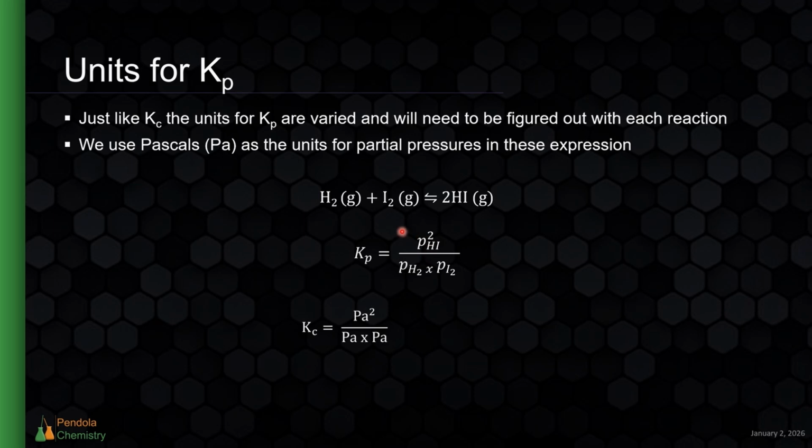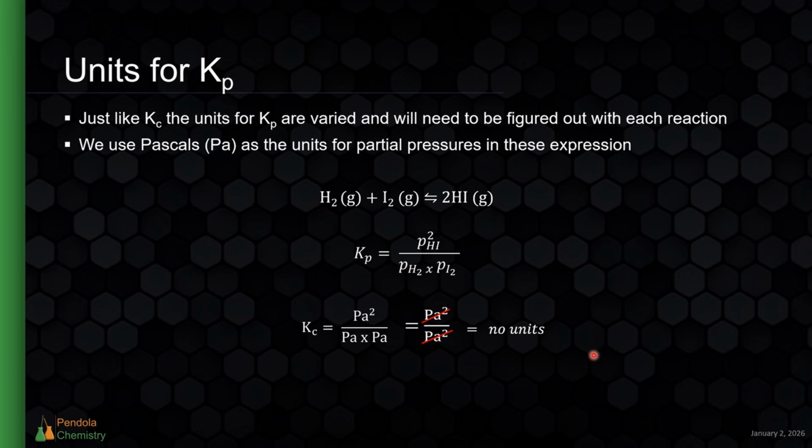We're using partial pressures. So with partial pressures, instead of putting moles per cubic decimeter here at the top, we're going to put pascals squared. Over pascal times pascal, these units are going to end up canceling each other because we end up with pascal squared, and we get no units for this Kp.